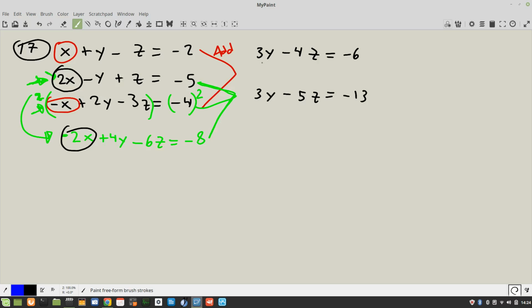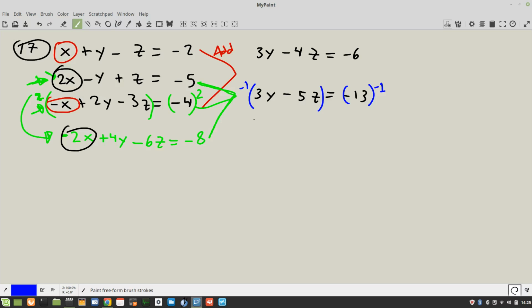So I want to get rid of y because it's the easiest one, by multiplying one of these two by -1, so that when we add them, we get rid of the y, right?